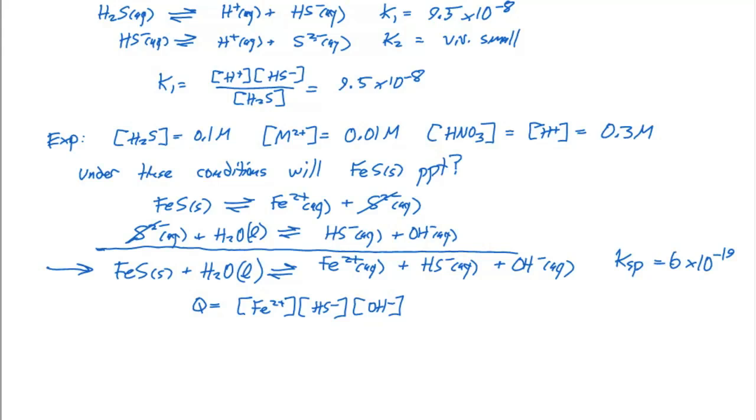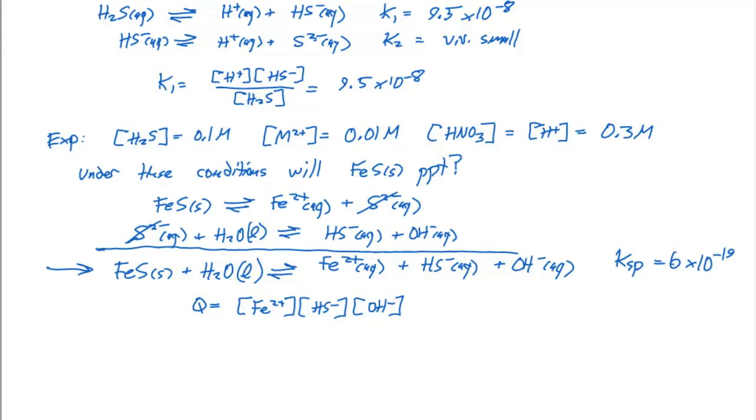If Q is greater than K, we'll have a precipitate form. If it's less than K, that precipitate will not form. So we have a little bit of math that we have to do. And the first thing that we need to look at is the HS minus concentration.